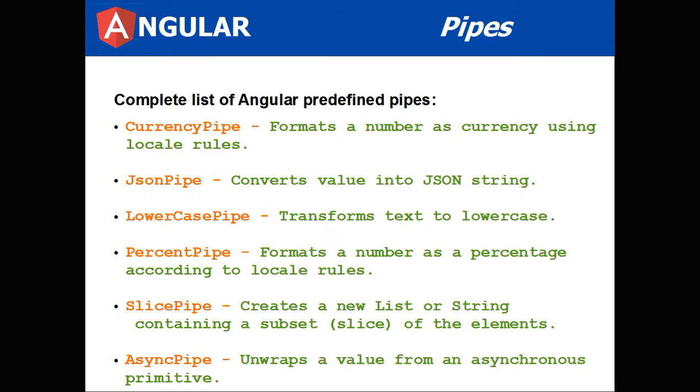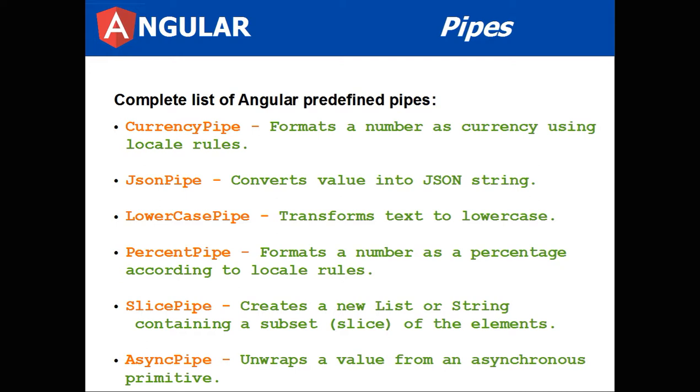Here's the complete list of Angular predefined pipes at this present time. There's a currency pipe. It formats a number as currency using locale rules. There's a JSON pipe that converts values into JSON strings. There's a lowercase pipe that transforms text to lowercase.